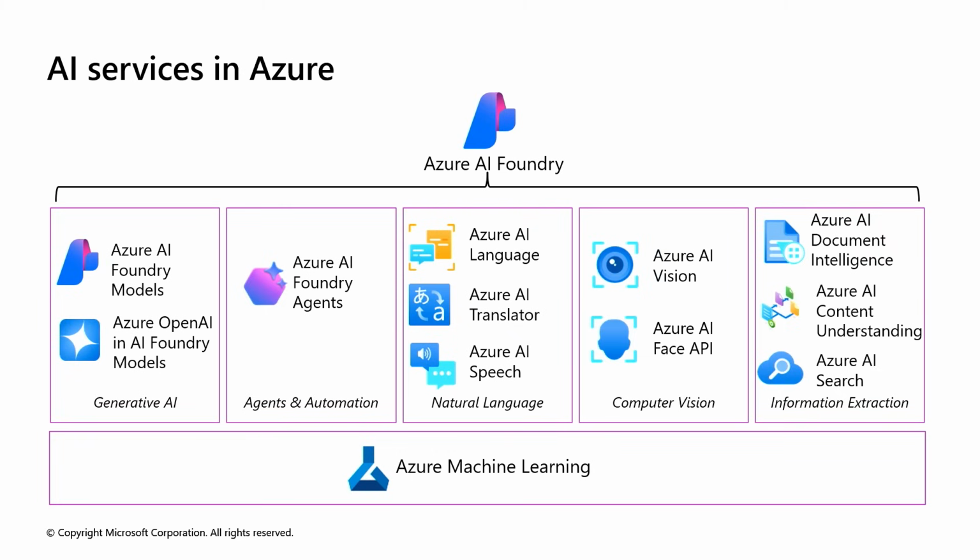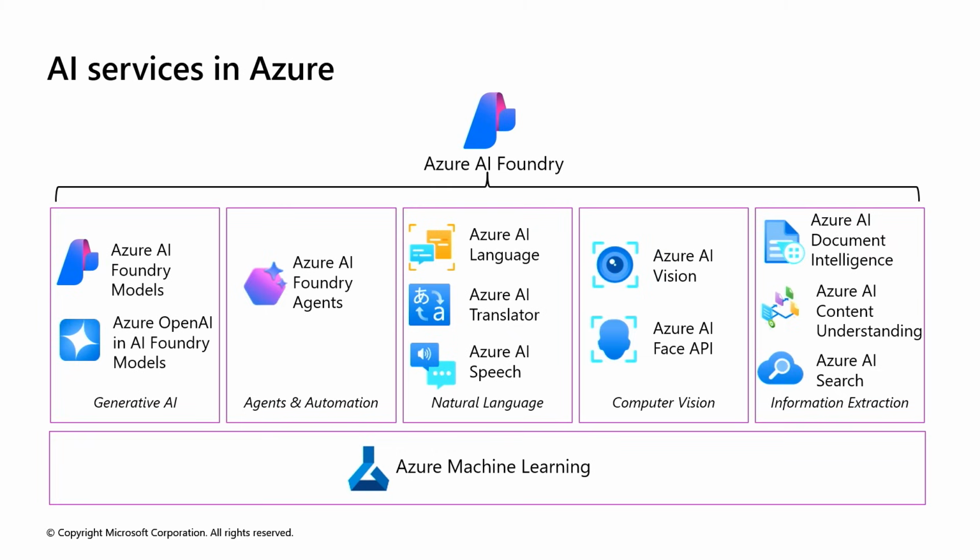For example, Azure OpenAI models can power generative AI and AI agents. Azure AI Vision capabilities, like optical character recognition, can be used for information extraction. Azure AI Content Understanding can analyze images and video. And Azure AI Search makes knowledge accessible to generative AI solutions and agents.